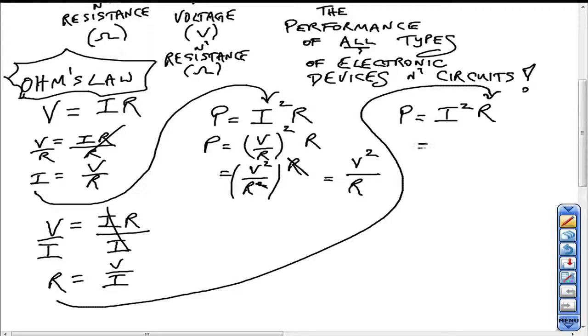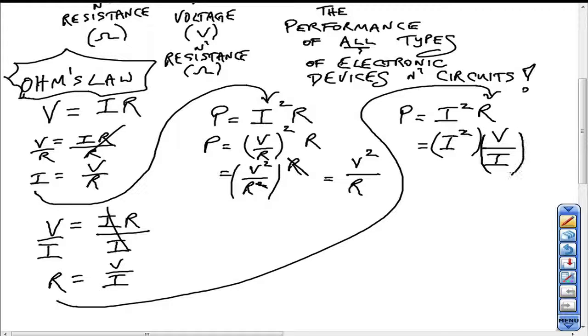Check this out. So I have I squared. I'm going to pull out R, and in its place, I'm going to put V divided by I. Does that make sense? Literally pull R out, and in its place, V divided by I.